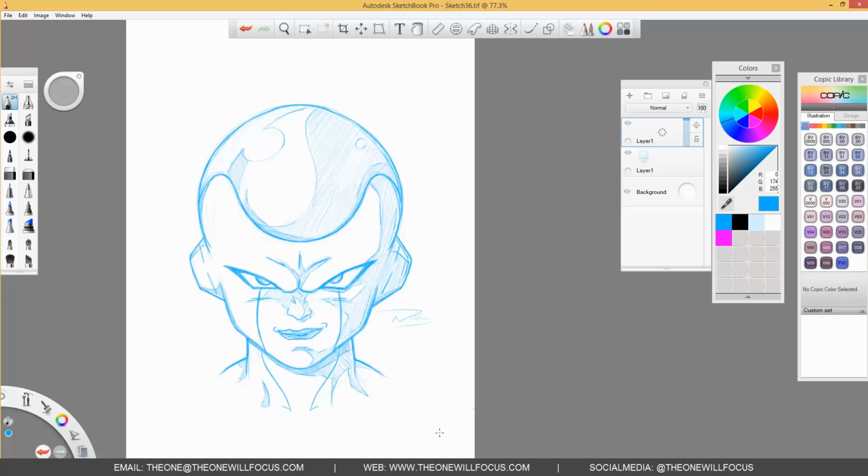Now, I didn't want a complete figure, I just wanted to focus on his face and the way he looks. One of Frieza's biggest, I think, well-known features is the way that he frowns and or makes faces at the people he's fighting and or displeased with. So that's why I chose this particular look.